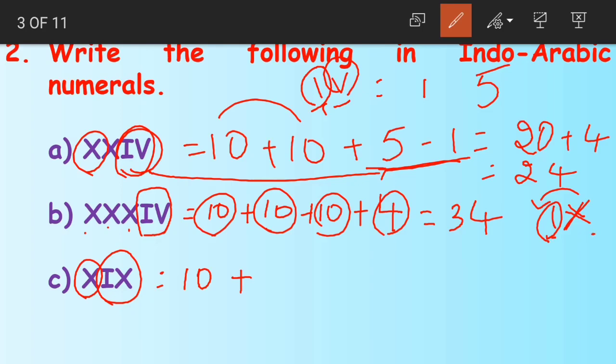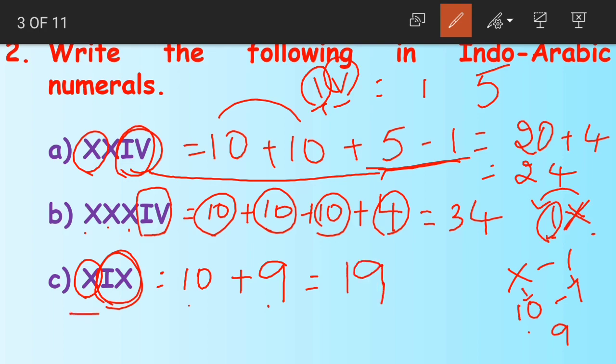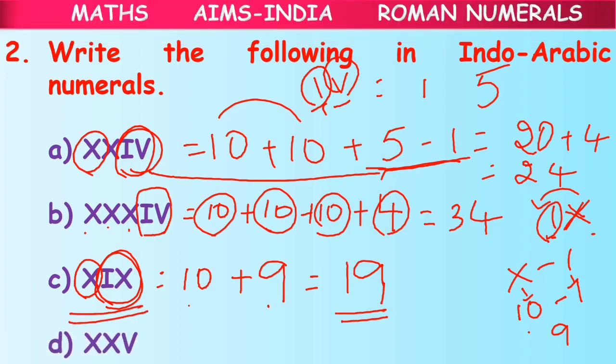Now what do we do? We subtract I from X, which is nothing but 10 minus 1. X is equals to 10, I is equals to 1. 10 minus 1 is equals to 9. So IX is equals to 9. Now what is 10 plus 9 equals to? 10 plus 9 equals to 19. So XIX becomes 19. Is this clear, children?